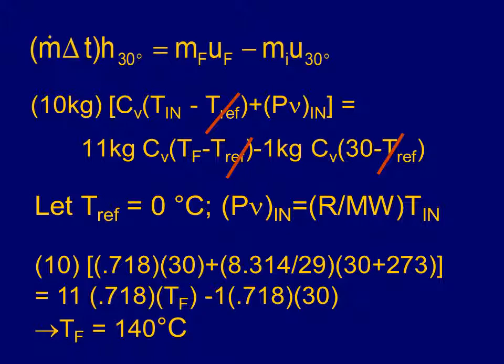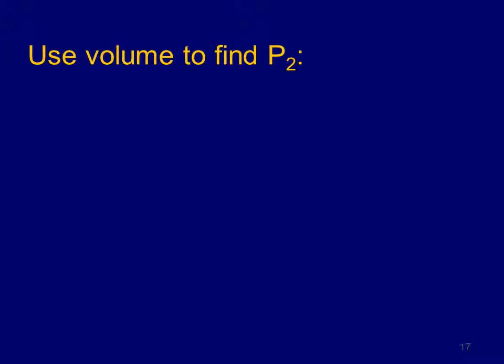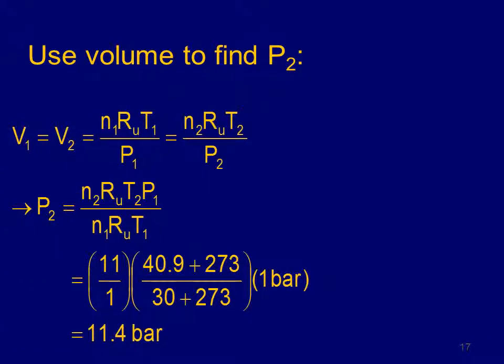Plugging all the numbers in, you find the final temperature is 140 degrees C. Now we can use the volume to find the final pressure and just plug back into the ideal gas equation. You know the final temperature now. You know that the initial volume equals the final volume.